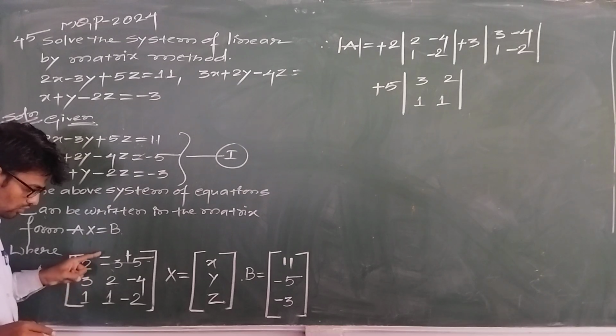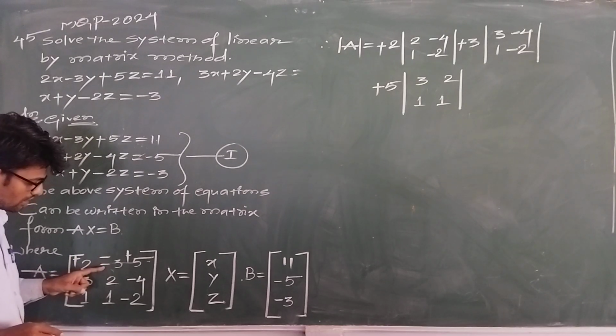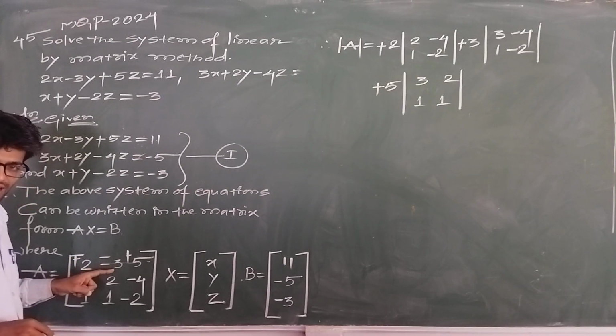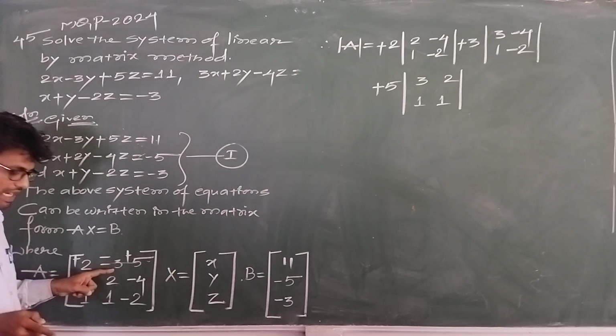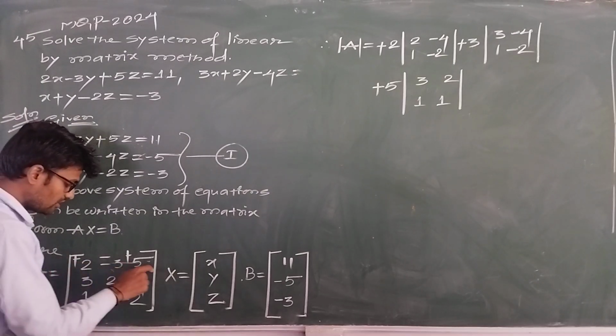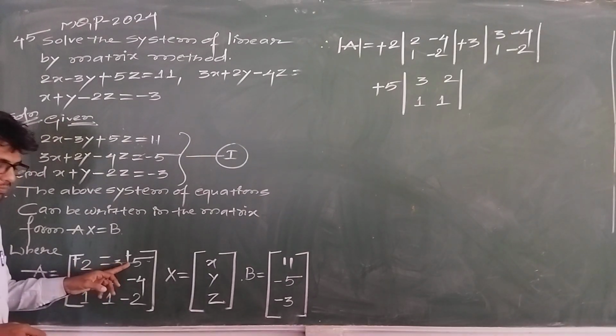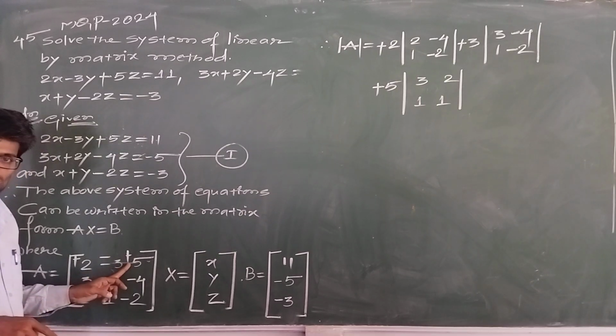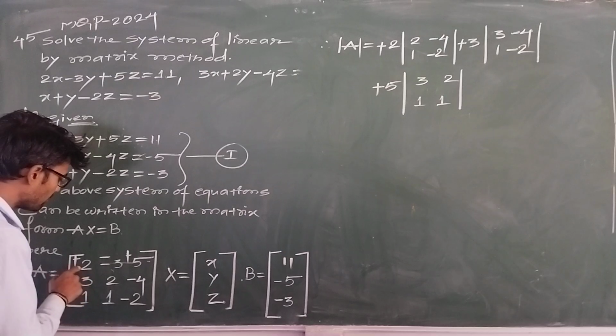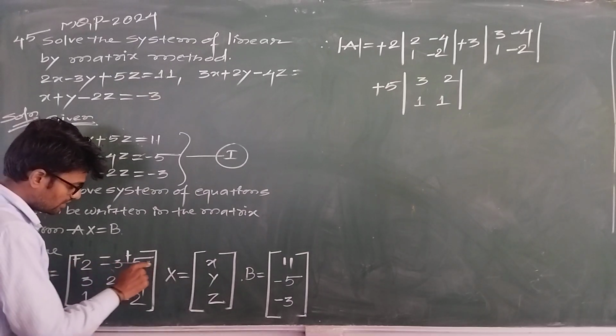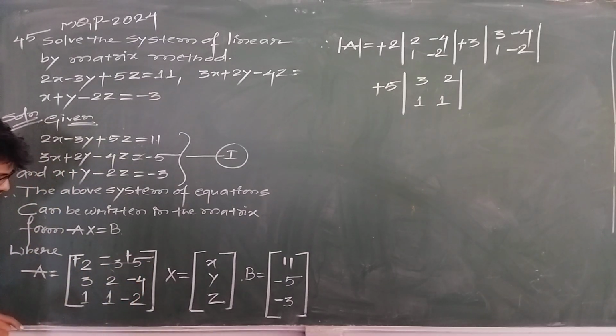So 3 you keep outside. After that you take the minor of 3, obtained by deleting this row and this column. So inside the determinant you will get 3, minus 4, 1, minus 2. After that you write plus 5, into the minor of 5, obtained by deleting this row and this column. So 3, 2, 1, 1 will come inside the determinant.